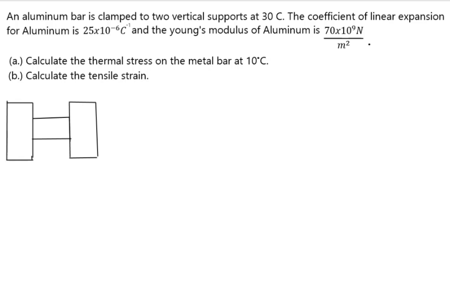So, let's use the illustration. We have vertical supports clamping this aluminum bar. And then, the temperature decreased. So, what we're going to get is thermal stress. So, let's put a force there.